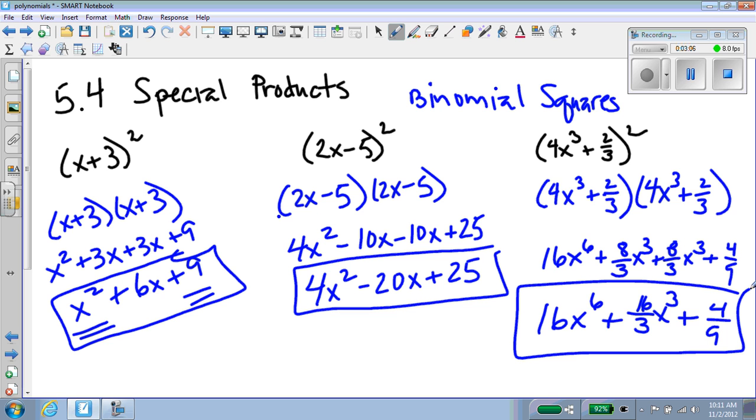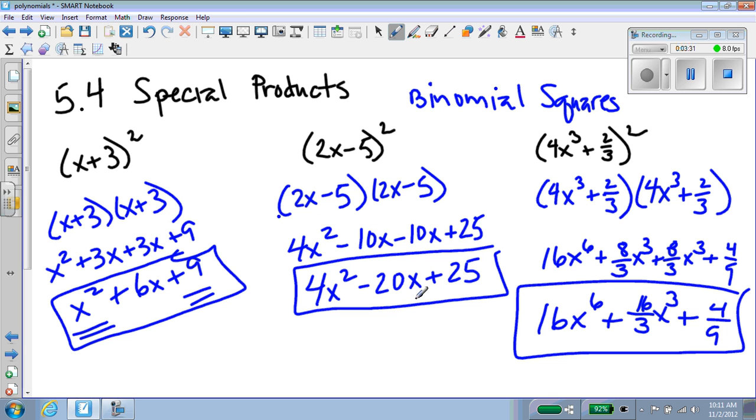So when we have the square of a binomial, we always end up with a middle term. And that middle term, if you notice, is double what the two terms in the binomial would be when multiplied. So x times 3, we got two sets of 3x, so 6x. 2x times negative 5 would be negative 10x.